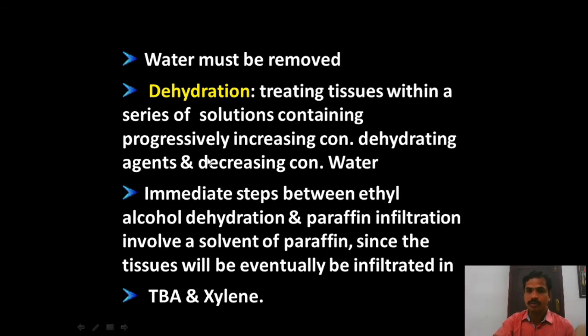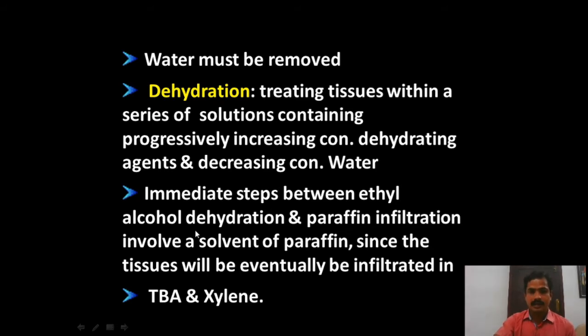The most commonly used dehydrating agent is ethyl alcohol. So we can use a series of different concentrations of alcohol and water, with the concentration of alcohol increasing and the proportion of water decreasing.